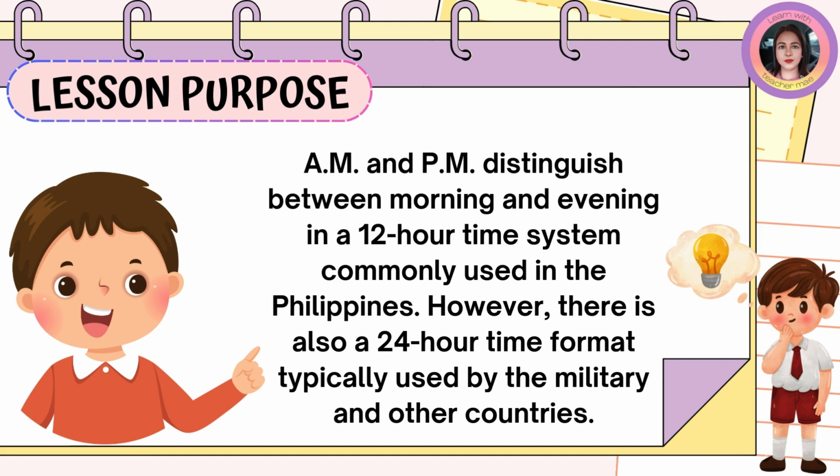AM and PM distinguish between morning and evening in a 12-hour time system commonly used in the Philippines. However, there is also a 24-hour time format typically used by the military and other countries.